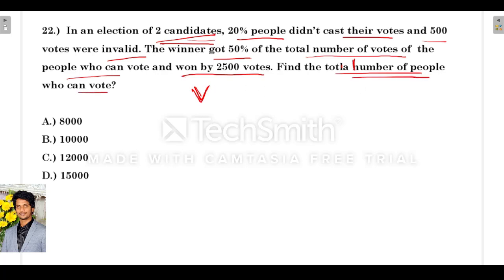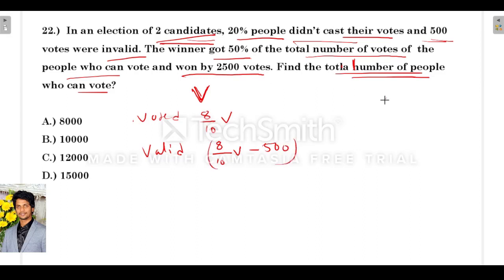Okay, so they are telling 20% did not cast their vote. So number of people who voted is 80%, means 8 by 10 into V, right? And they are telling 500 votes are declared invalid. So what are the valid votes? 500 declared invalid means 8 by 10 V minus 500 is our valid votes, right?